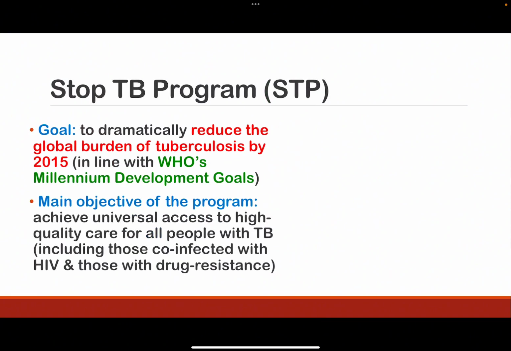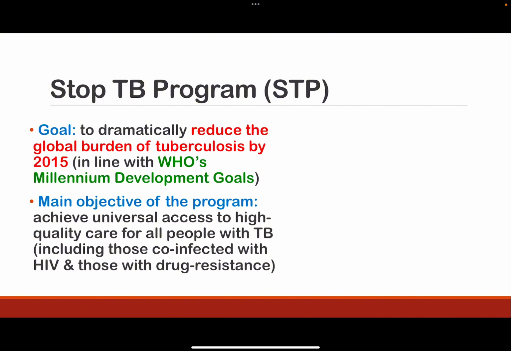We also have the STP, or Stop TB program. The goal is to dramatically reduce the global burden of tuberculosis by 2015 in line with the WHO MDG, or Millennium Development Goals.